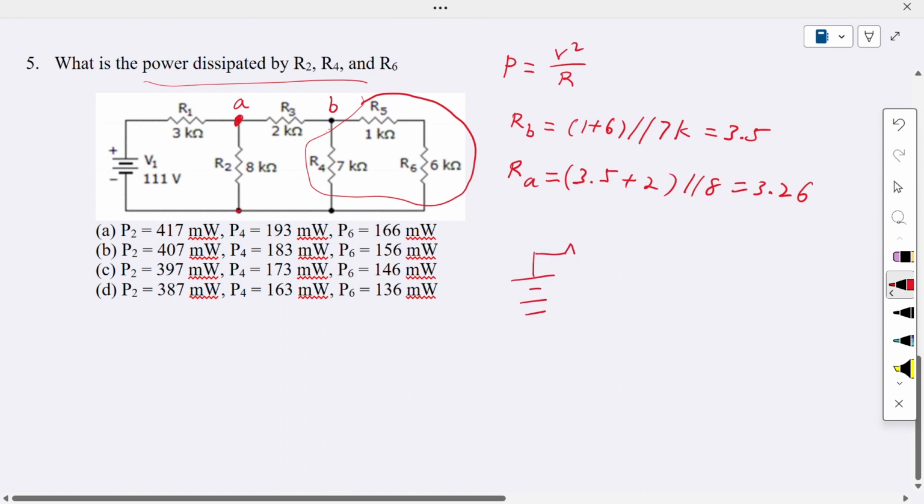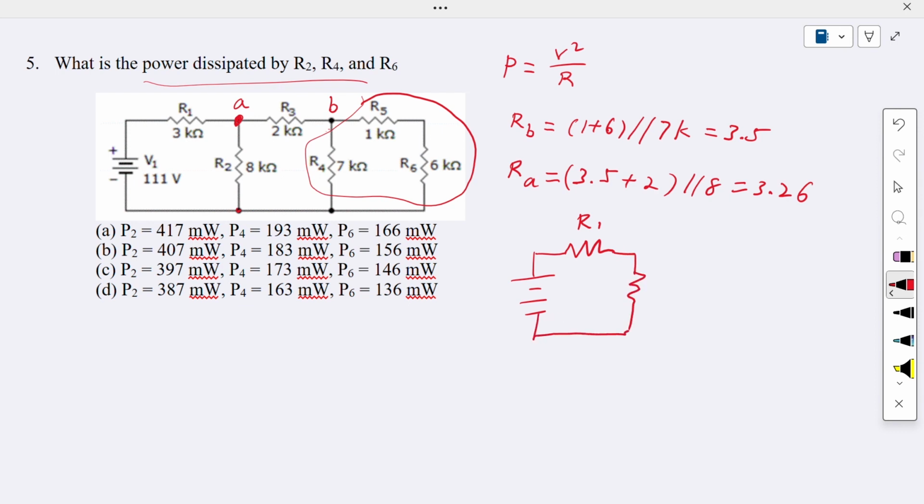We have R1 connected to our RA network circuit here, equal to 3.26K, and R1 is 3K. Now we need to find this VA here.